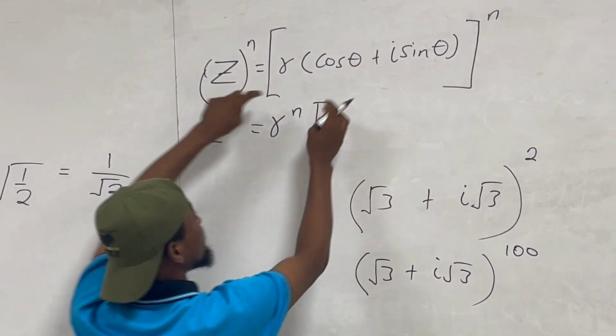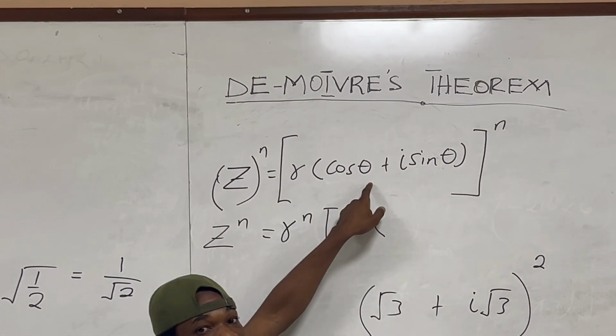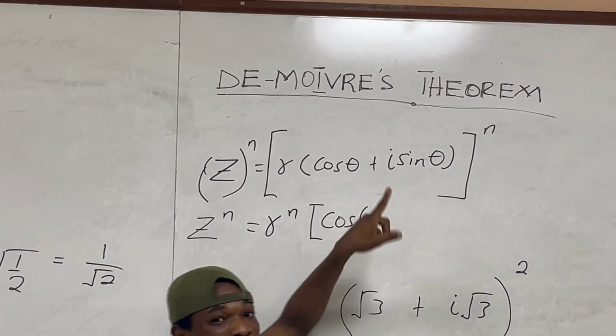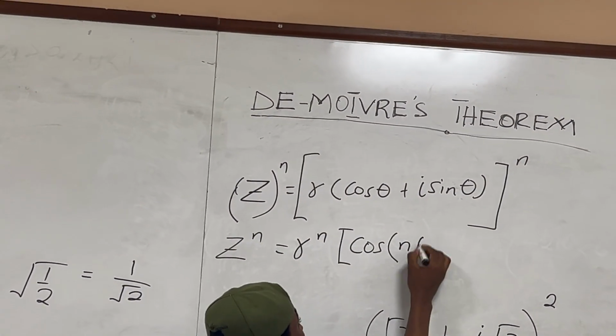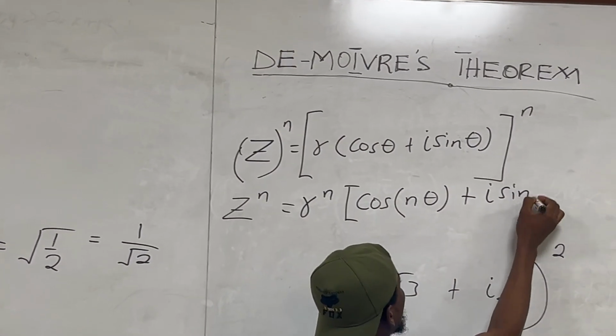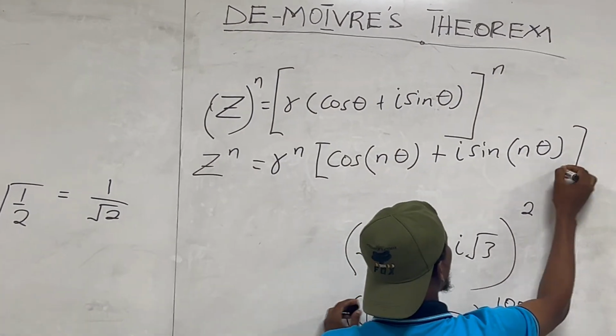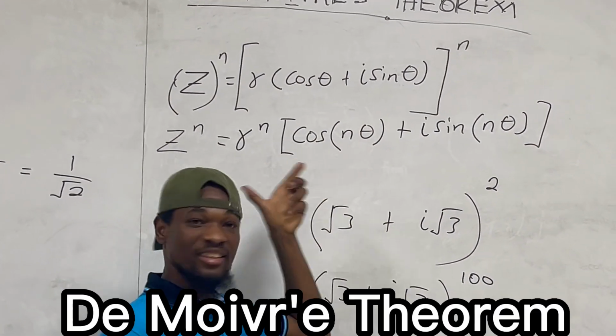Then we have cos of the angle theta, which is the argument, so the argument is multiplied by the power. So we have cos n theta, plus i sine n theta. This is De Moivre's.